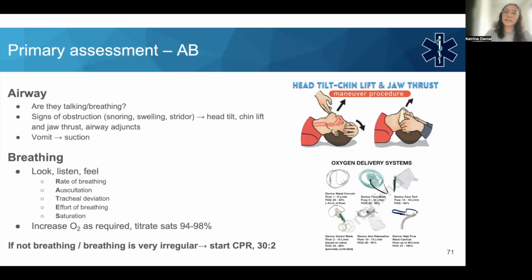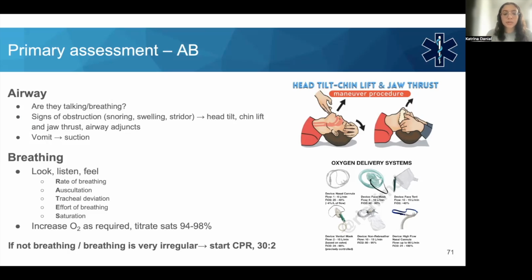Okay, and you can assess if they are breathing by putting your hand on their chest and seeing whether their chest rises and falls, looking at their chest from the side. You can put your hand as well on their mouth and see if you can feel any air that's being breathed. And then you can check their SATs, of course, in the hospital.